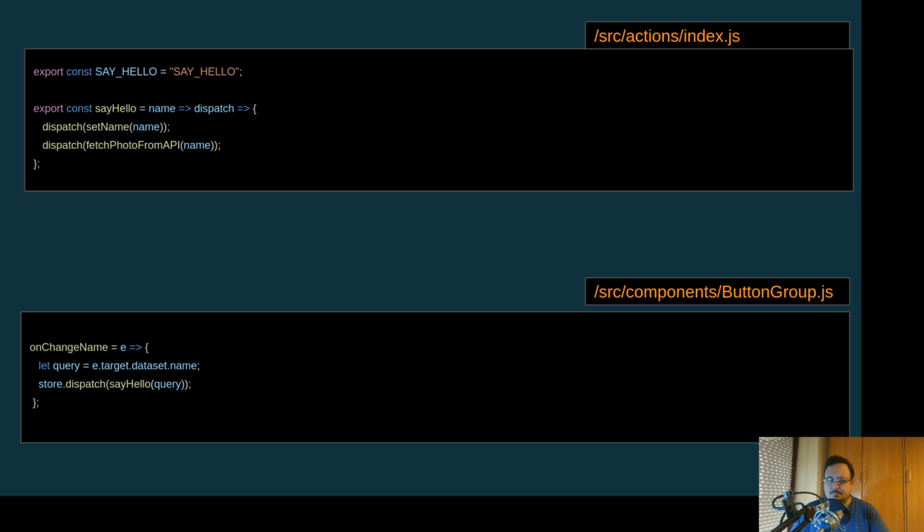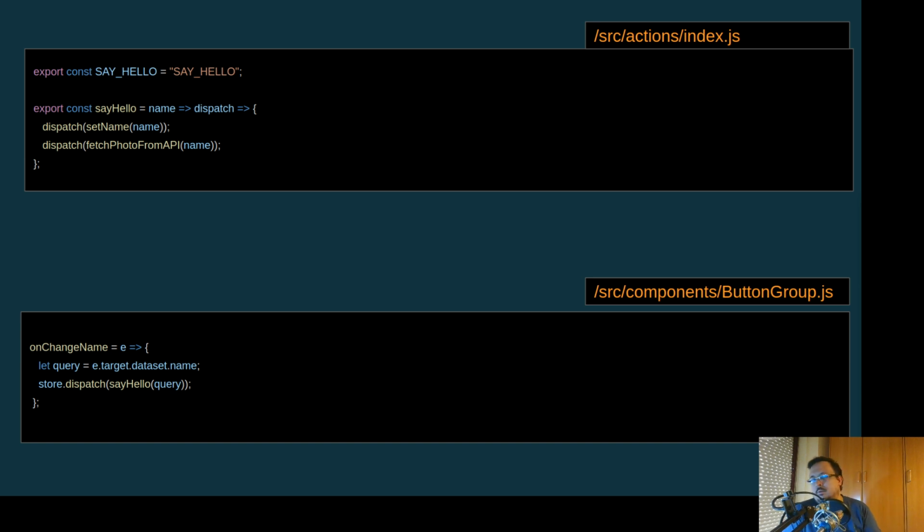And in this case, I thought it was funny to create another action that says hello, and sayHello takes the name. I think it's for you to see that now that we have this possibility of creating action creators that return functions, we can dispatch multiple actions inside another action.